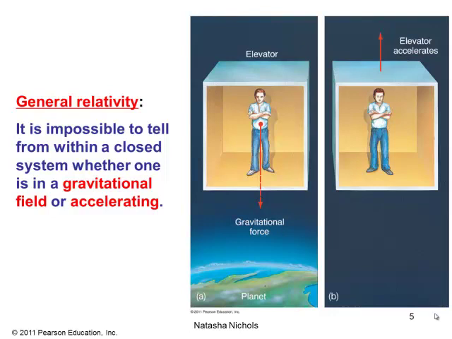If you have someone in a closed elevator floating in space, and he feels a force exerted on his feet by the elevator floor, Einstein reasoned that no experiment conducted entirely within the elevator can tell this person whether the force is A, due to the gravity of a nearby massive object, or B, caused by the acceleration of the elevator itself.